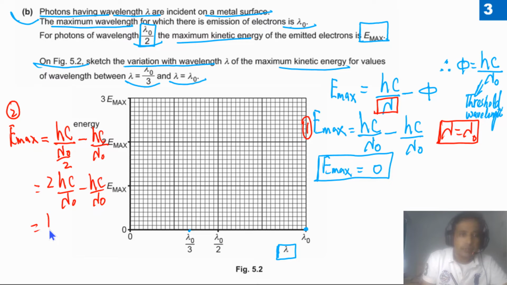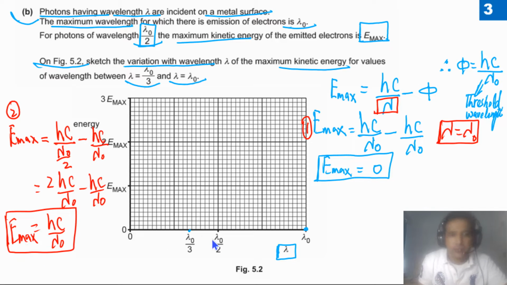So we get hc over lambda naught, and this is given to us as E max. So when lambda is equal to lambda naught by 2, the maximum kinetic energy of the emitted photoelectron is equal to E max. This is the second point.